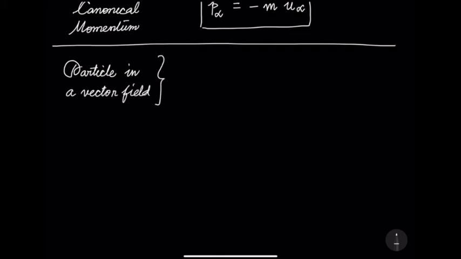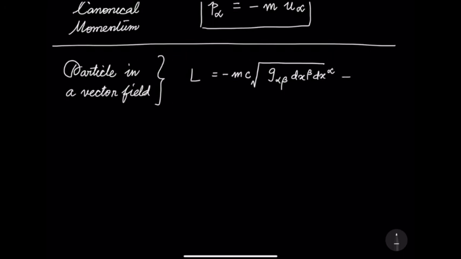See, in this case, it is not very difficult to see that the first term that we had will remain as it is, because otherwise when you switch off the vector field, you will not get back the free particle case. So this will remain as it is.